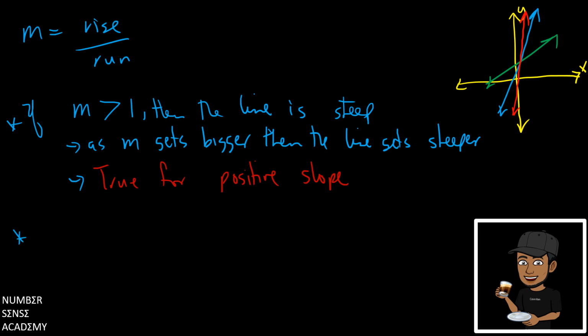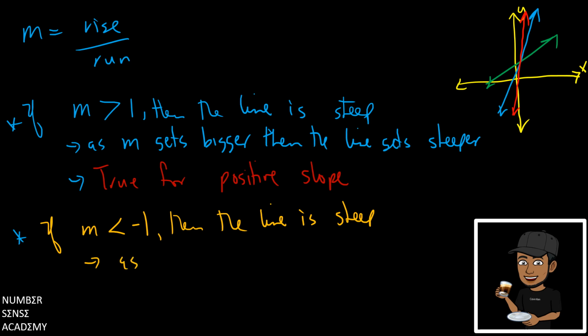The other rule is if m is less than -1, then we could say the line is steep. Okay? And I'm saying less than or equal to -1 because it could be equal to -1, but it's steep.